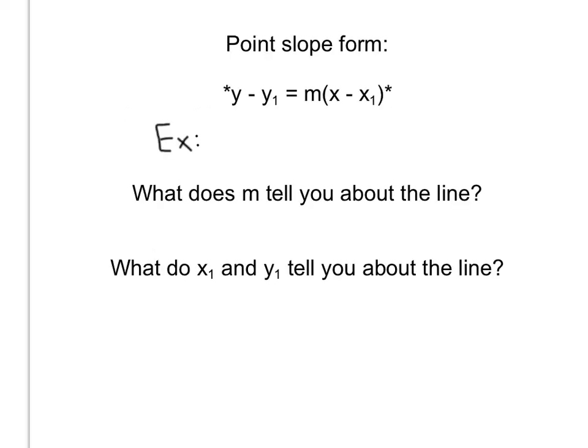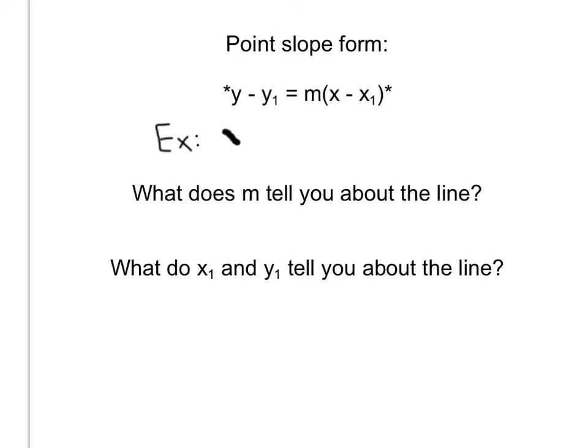Well, up at the top here, we've got what point-slope form is in between the asterisks. Point-slope form is read as y minus y sub 1 equals m times x minus x sub 1. Okay, an example of what this would look like is the variable y and the variable x always stay as y and x, just like they did in slope-intercept form.